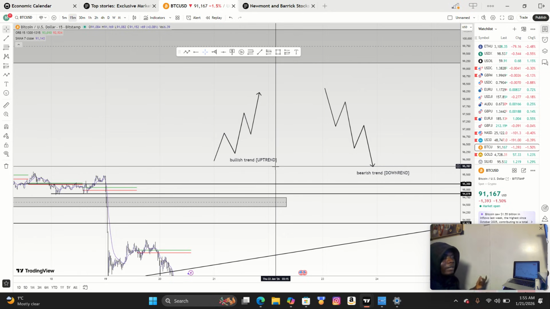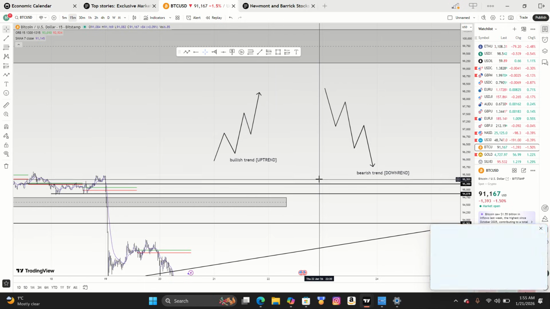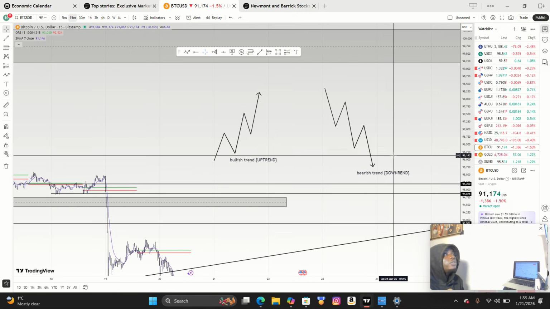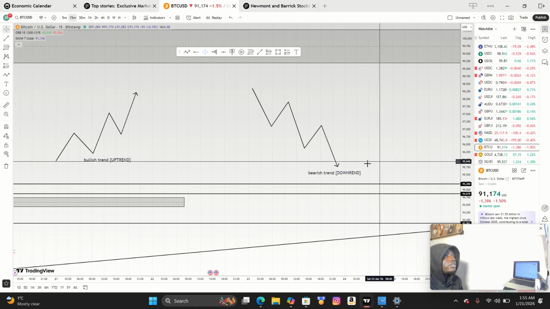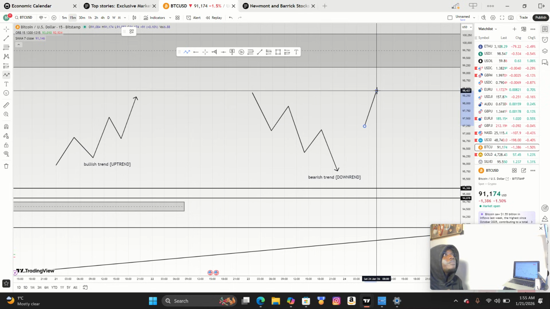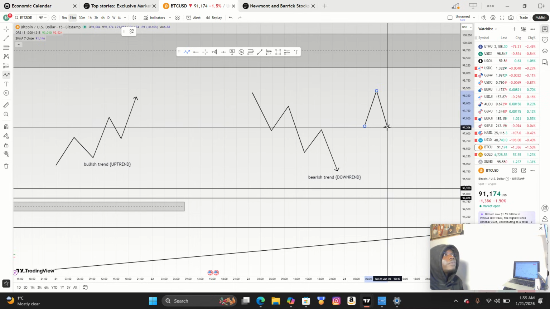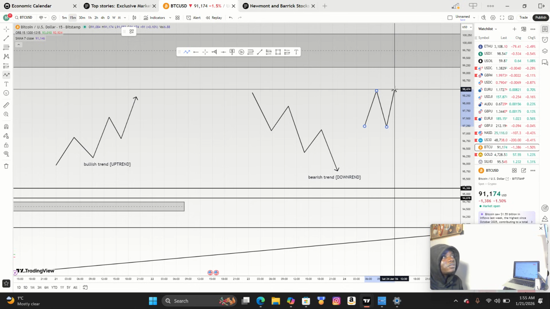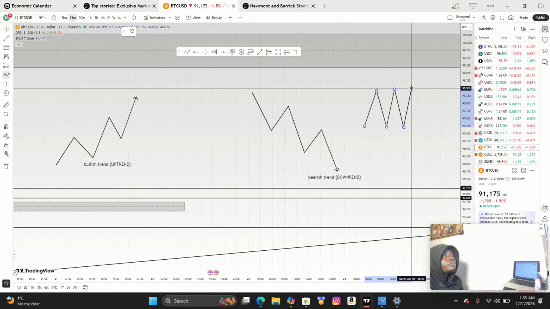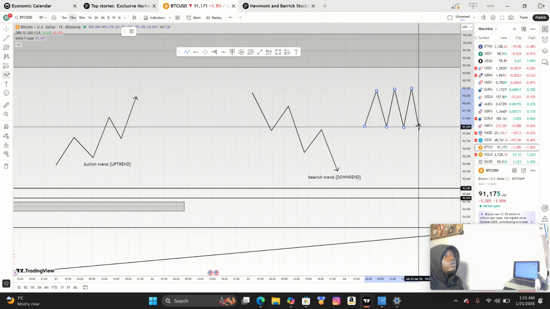So let me quickly show you how the sideways movement always looks. The sideways movement is always like this, and you see the market creating equal highs. So this is a ranging market.